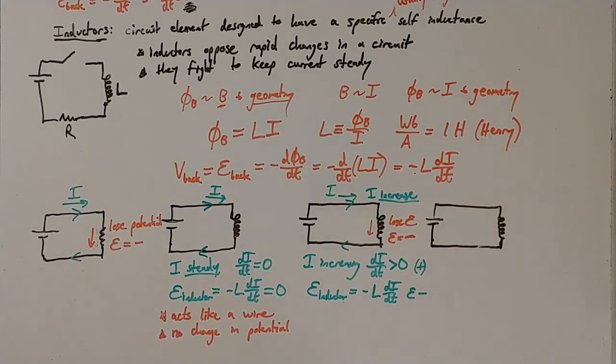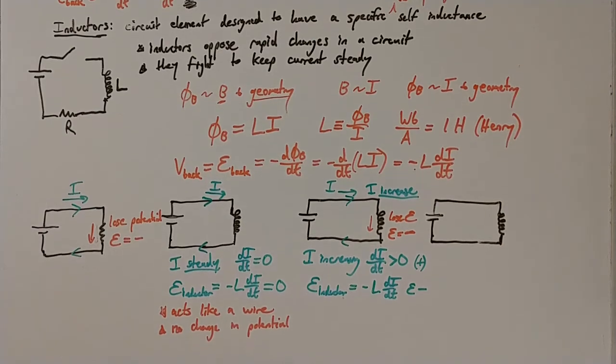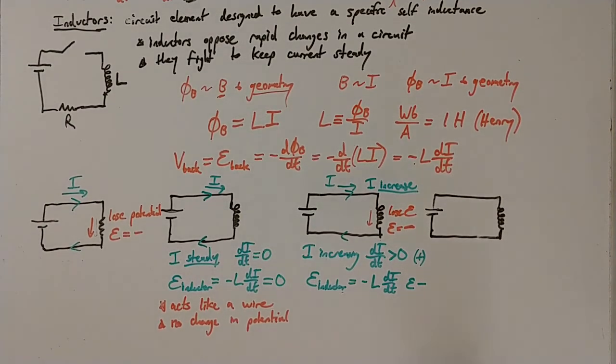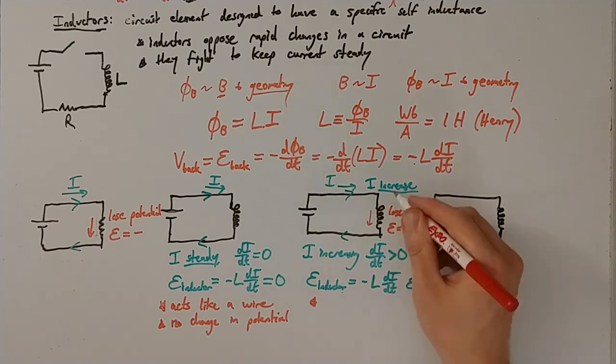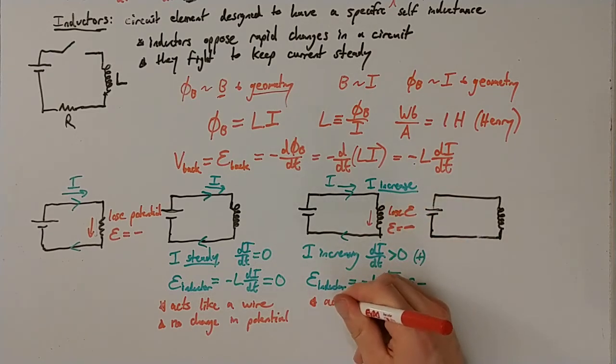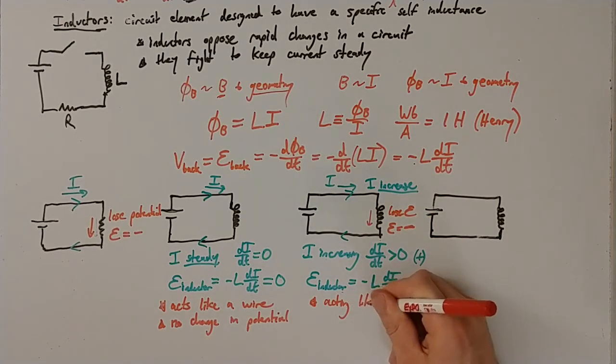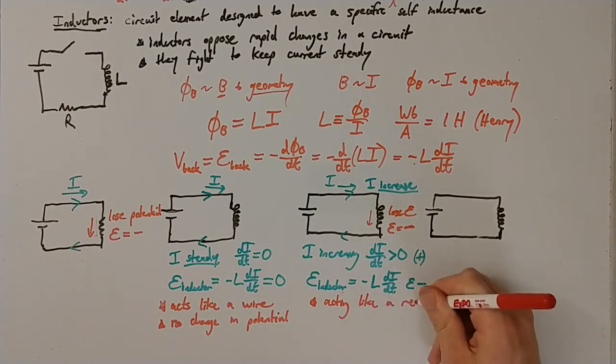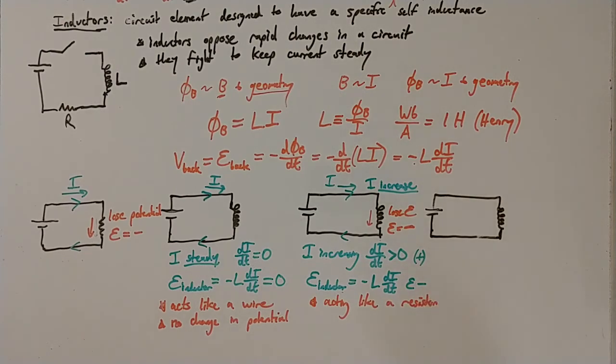And so what I usually like to say to quantify this a little bit is that the inductor in this case is acting like a resistor. It opposes the increase in the current.